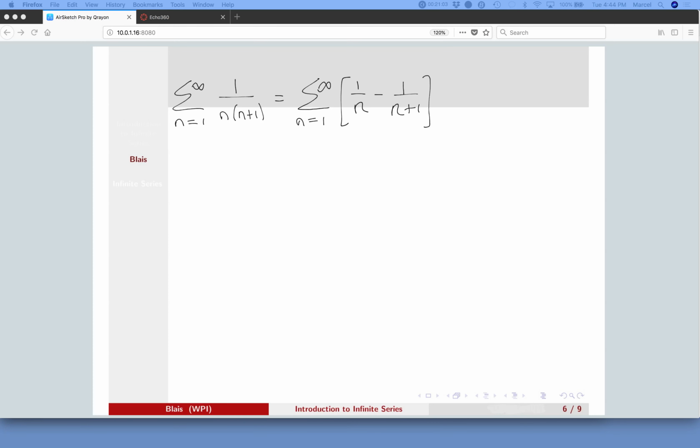And this is actually the only type of series that we're going to work with where we compute the value that the series converges to directly from the definition of series convergence.